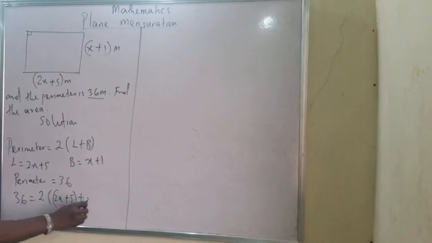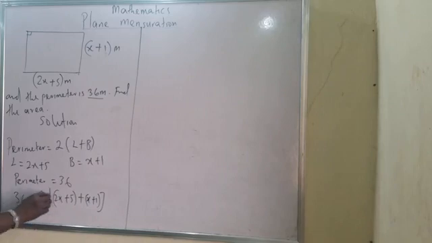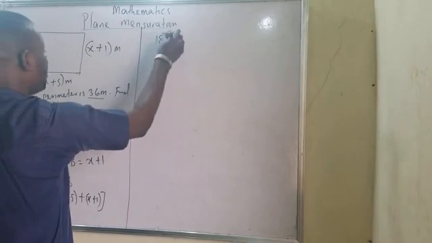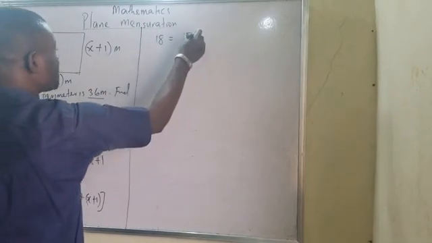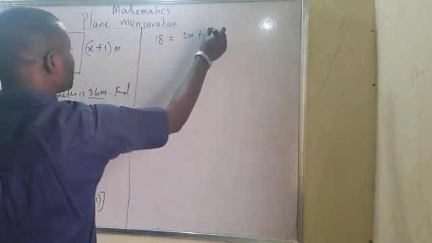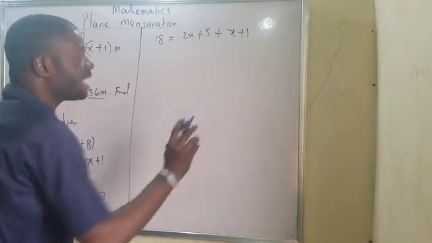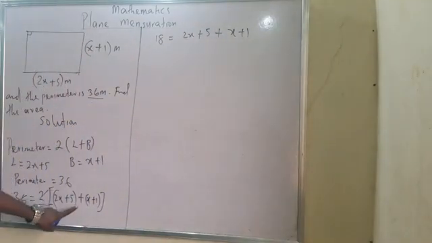By so doing, I can see that 36 equals 2 bracket of 2x plus 5 plus x plus 1. It's good to use a big bracket to indicate that. Since I have that, I can divide everything by 2. This will cancel this, and I have 18 equals 2x plus 5 plus x plus 1. It will be dangerous if there is a minus here.